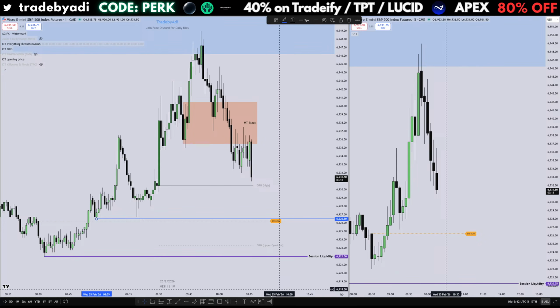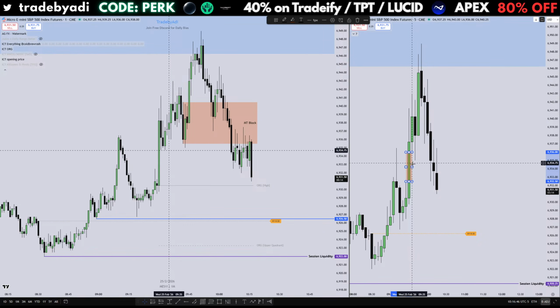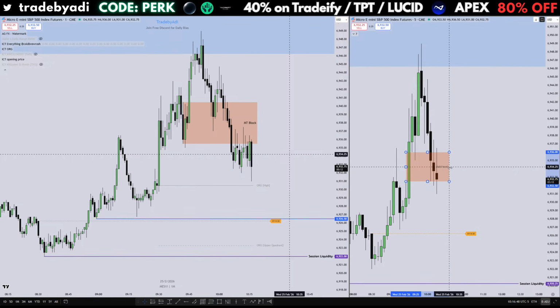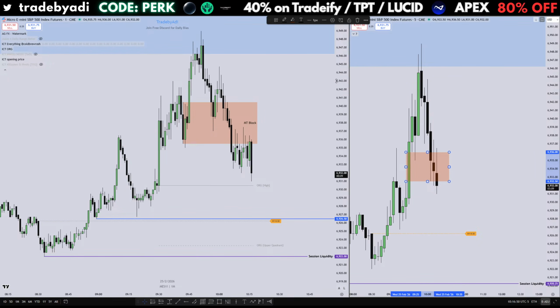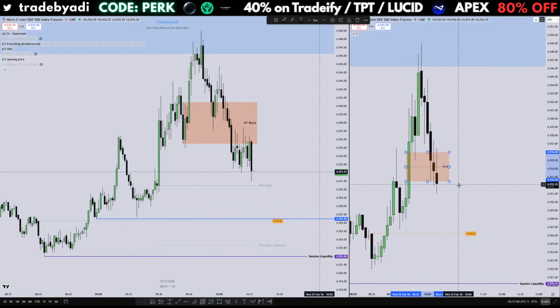And also we flipped this gap, this 5 minute inverse FVG. We are flipping this gap. So this is what I'm expecting, that we are going to tap these equal lows, IFVG.